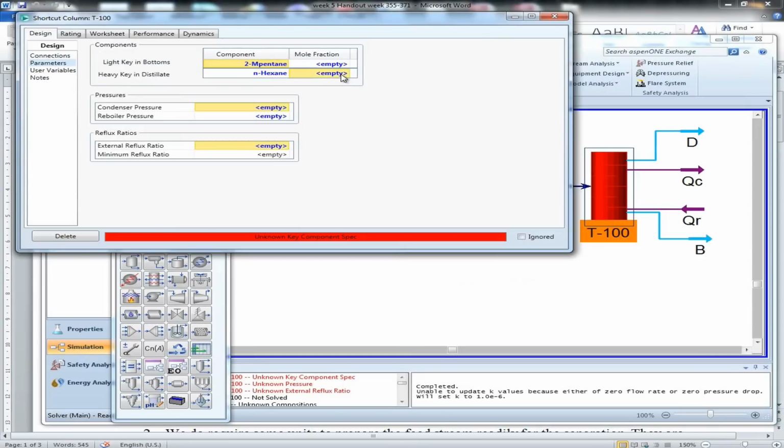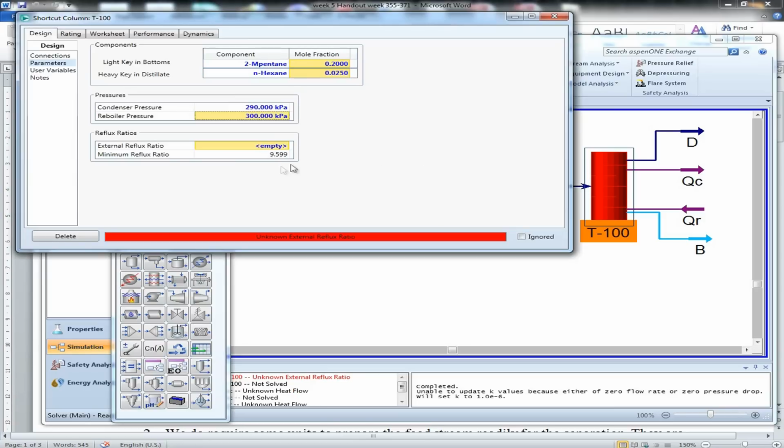The heavy key will be contaminated in the distillate, which requires 2-methylpentane of 97.5%. So the rest would be hexane, which is about 2.5%, so 0.025. And we want hexane with a purity of at least 80%, so it's allowed to have 0.2 of 2-methylpentane in the hexane product. The pressure drop from the bottom to the top is 10 kilopascal, so I put 300 and 290 here.